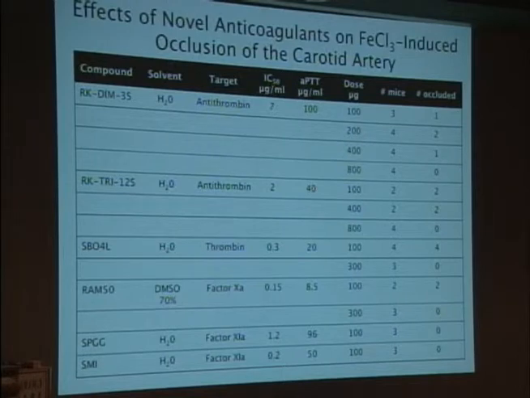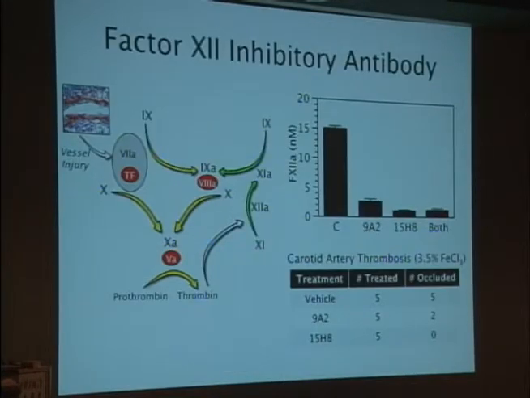Now, in the future, it may be the case that you're going to run into a compound that looks very promising in preliminary work that doesn't cross-react with the mouse protein. We actually have murine factor 11A, and we're able to show that the drugs in question actually inhibited murine factor 11A. But it's conceivable you may end up with a drug that doesn't. One of the nice things about 11 and 12 deficient mice is they're very healthy.